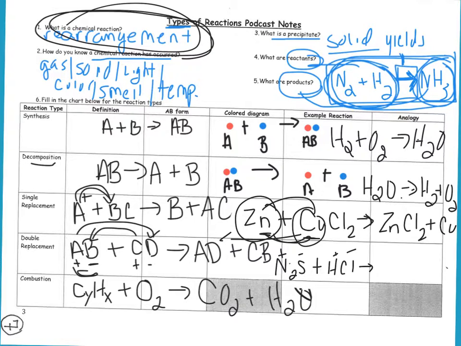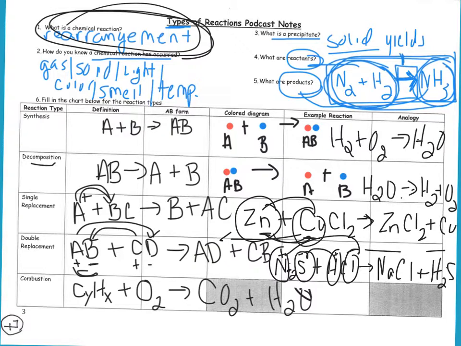And so they are just going to swap places, and I'm going to make sodium chloride and dihydrogen sulfide. The basic idea here is that you can recognize where the positive one has gone with this negative guy, and this positive one has gone with that negative guy, and they form two separate species.